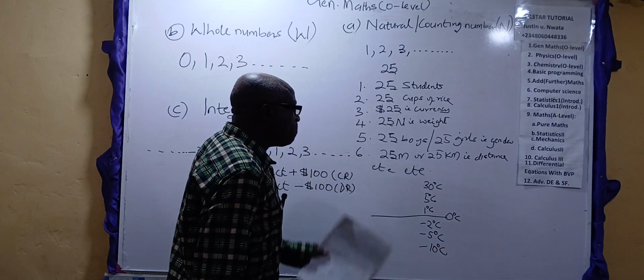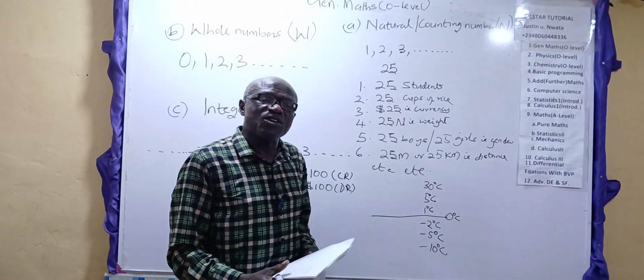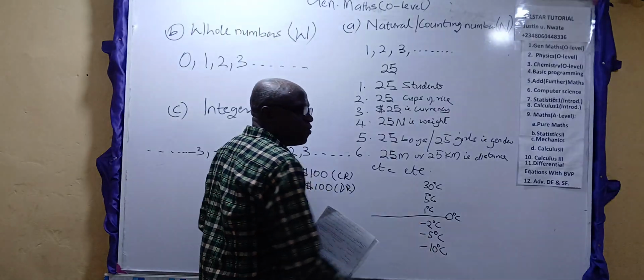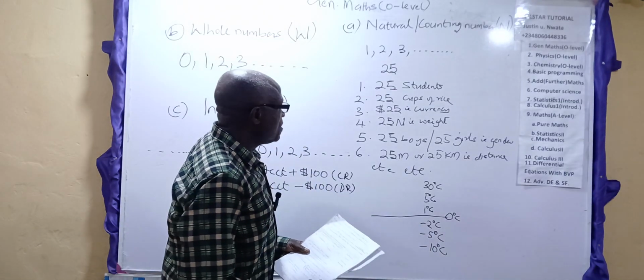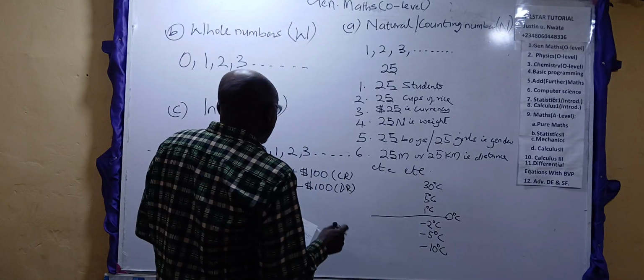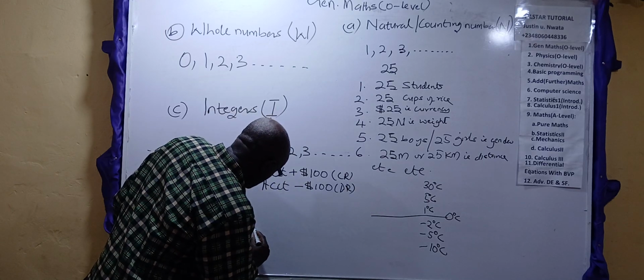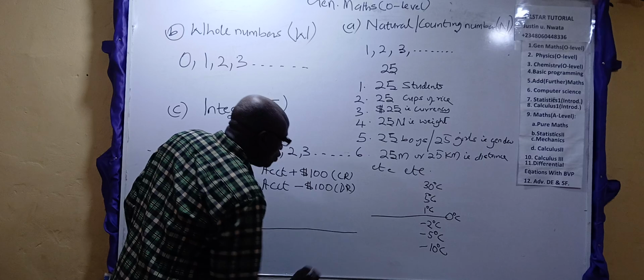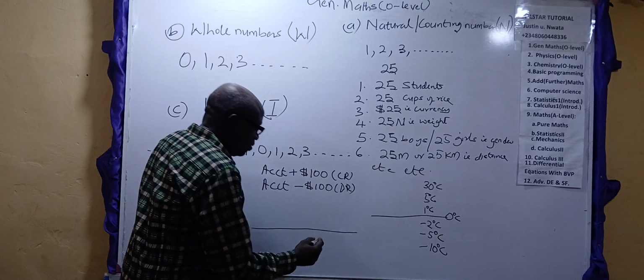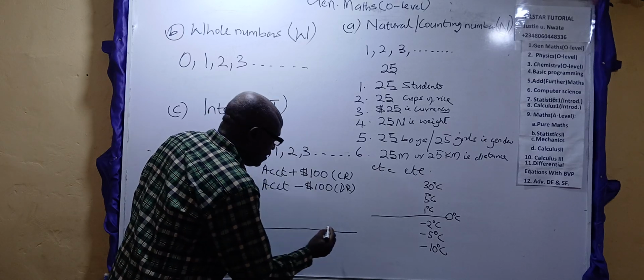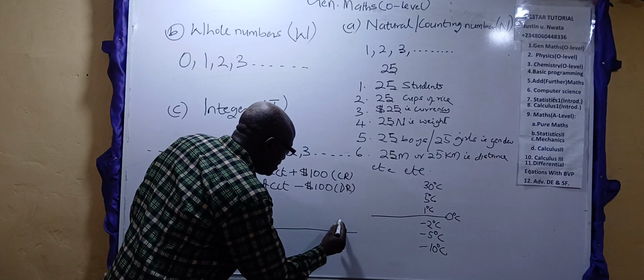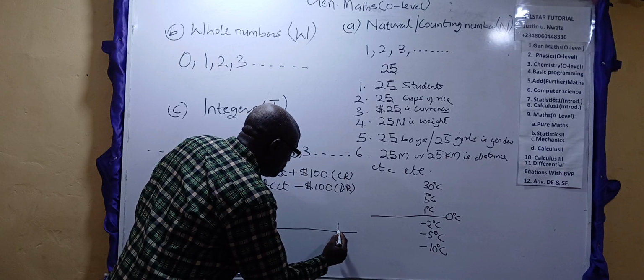The temperature of certain places in this world is in negative form. Also, there are other applications of these negative numbers. This is the level land. During rainy season, the land gets flooded. You can see water level rises, from here to here.